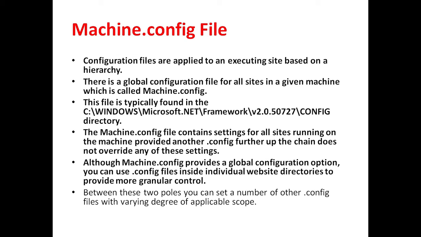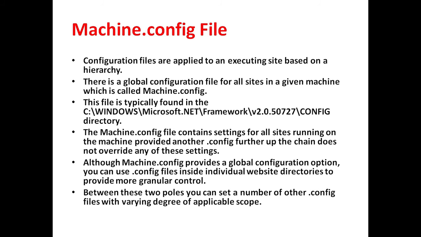Although machine.config provides a global configuration option, you can use .config files inside individual website directories to provide more granular controls. Between these two poles, you can set a number of other .config files with varying degrees of applicable scope.